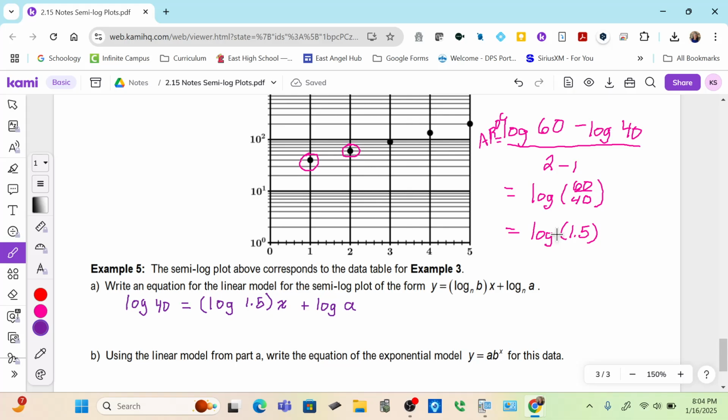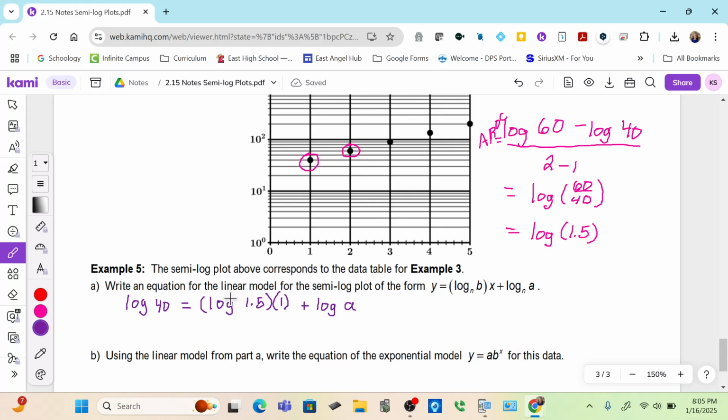Then I can, oh, I forgot to substitute for the x. Excuse me, I knew I was missing something. Once I replace x with 1, I can solve this because that's my input for the log of 40. There we go.